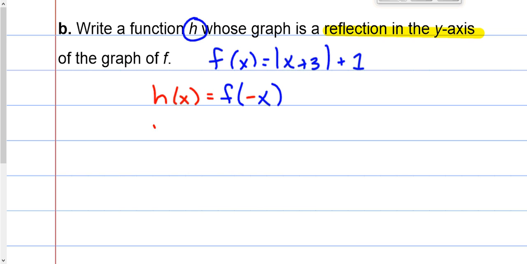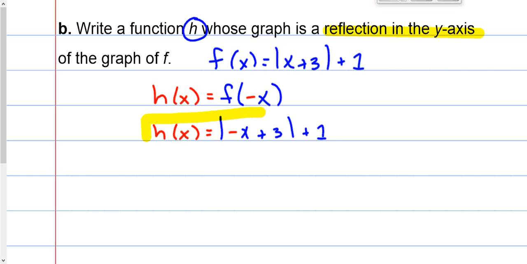So we have h of x equals, let's go ahead and start writing our f of x function. So that's absolute value of, remember, instead of x, I have negative x plus 3, close the absolute value, plus 1. That's actually all there is to do with that one, because I cannot distribute anymore. I have only multiplied the negative by the x. I haven't changed anything else. So that right there is my answer.